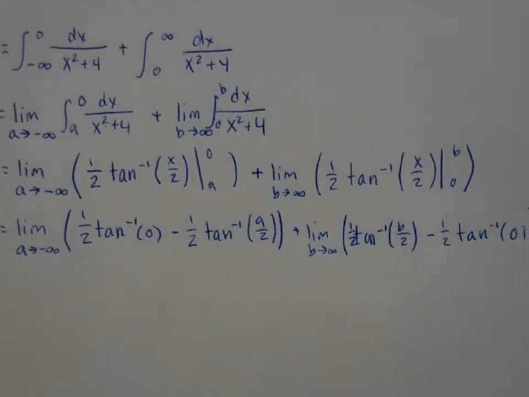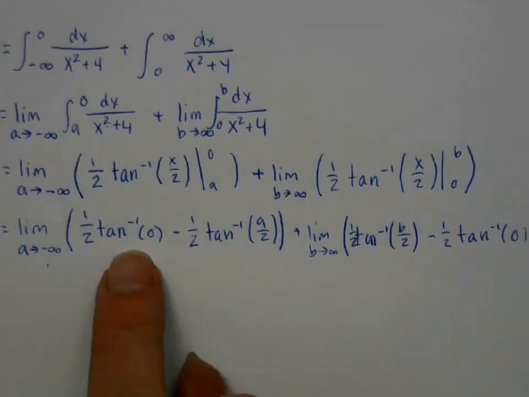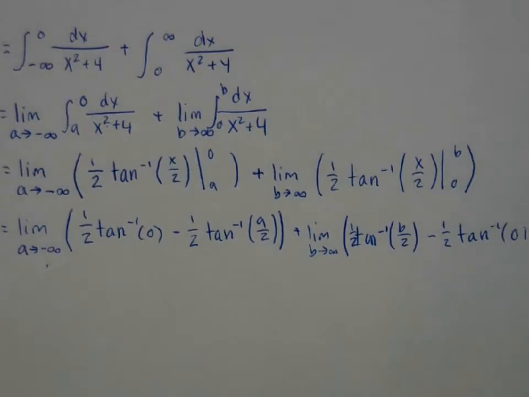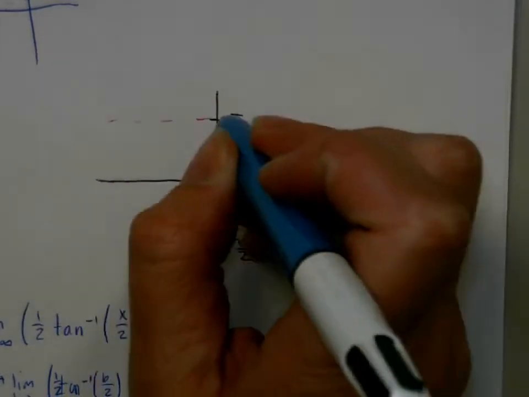All right, so as a goes to negative infinity, we're going to look at each piece of this. Tangent inverse of 0 is 0. And in fact, let me draw a graph of tangent inverse. Tangent inverse is the inverse of tangent.